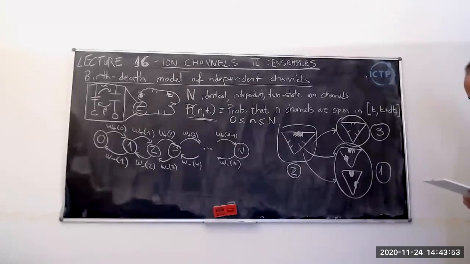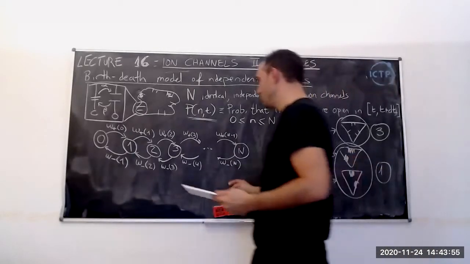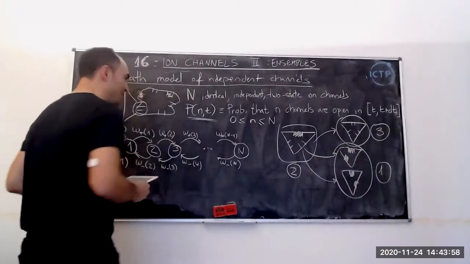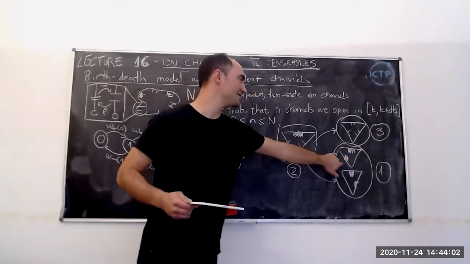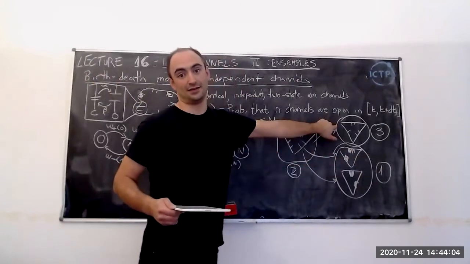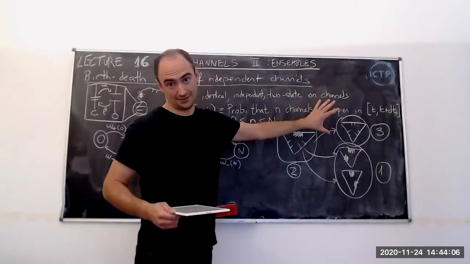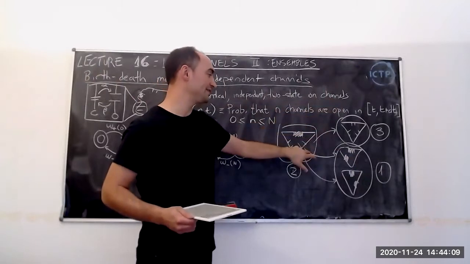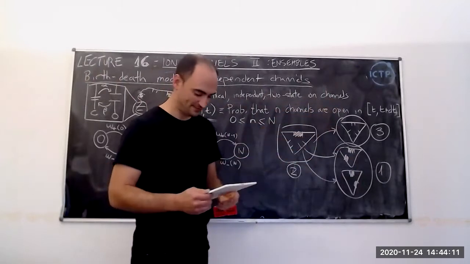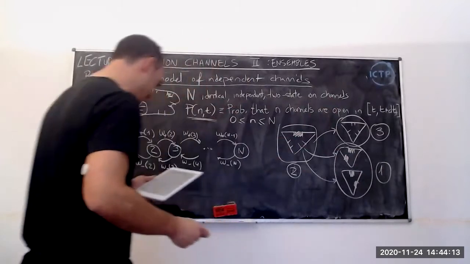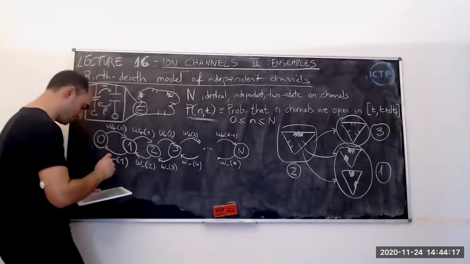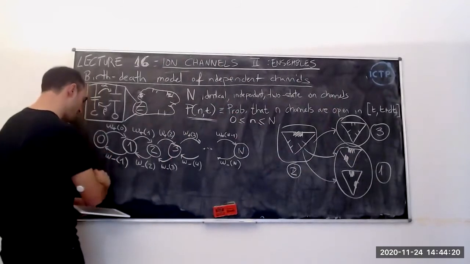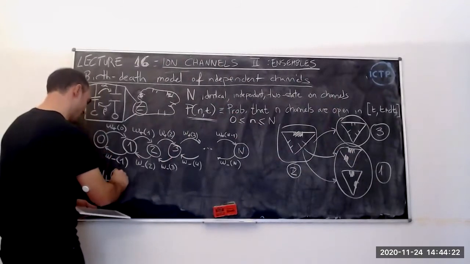I will do the math very general, but one very important point is that you should realize that here there are 2 options, and yet there's 1. So the rates, in order to make sense, should depend on the number of channels that are open. So what we will pick is the following. We will take omega plus n.